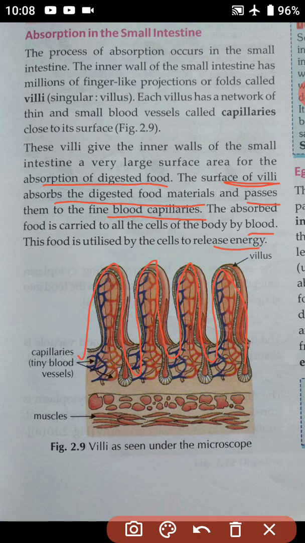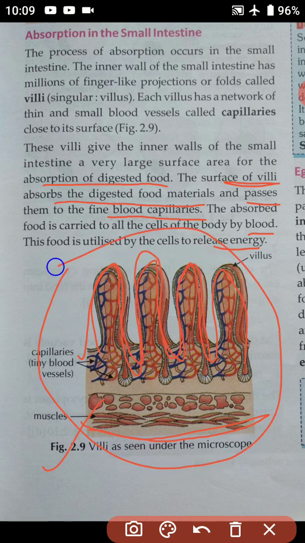It is very simple: the cell utilizes this food in order to release energy. Students, this is figure 2.9, the inner wall of the small intestine, and these are the finger-like projections known as villi. This kind of structure you will be able to see only under the microscope.